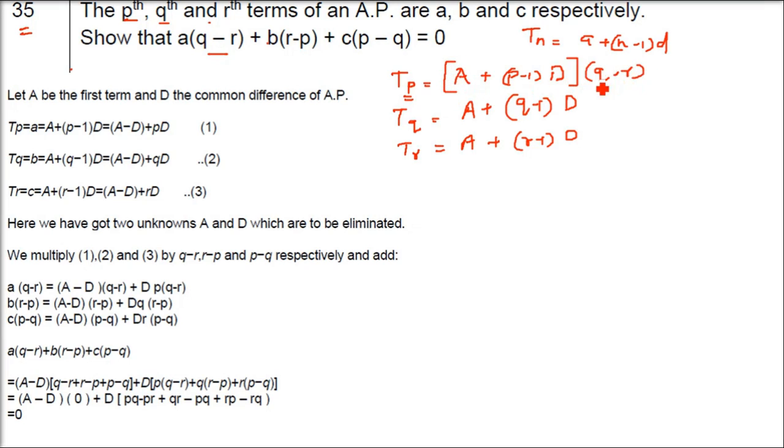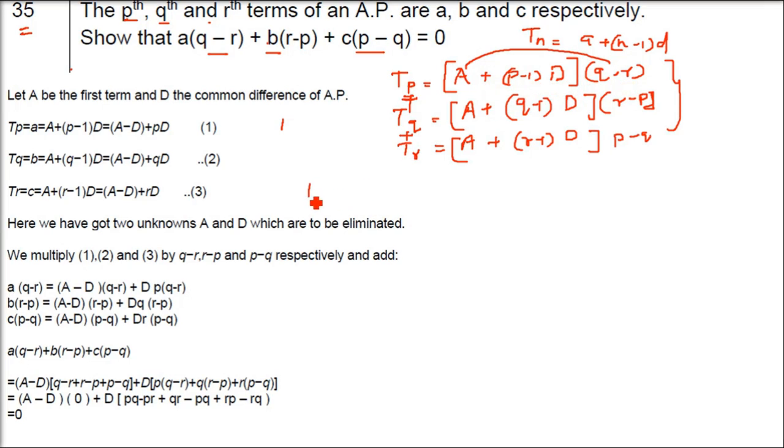So multiply this with q minus r, because the question is saying a(q minus r). Now multiply this with r minus p because b is multiplied by r minus p. We multiply this whole with p minus q because c is multiplied with p minus q. Now Tp, Tq, Tr: Tp is a, Tq is b, and Tr is c.